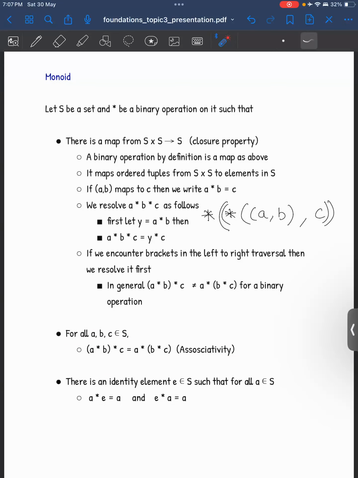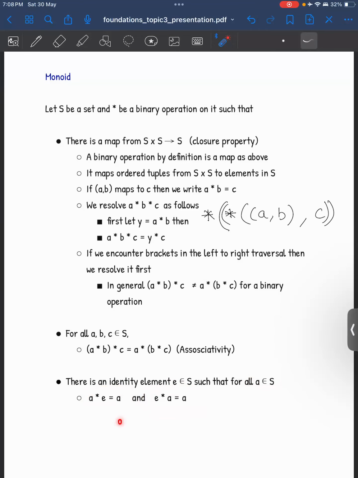Finally, the third property we saw is that there is an identity element E in S such that for all A in S, A star E is equal to A as well as E star A is equal to A. Remember that since a binary operation is mapping ordered tuples, it is important to state both A star E as well as E star A is equal to the element itself.